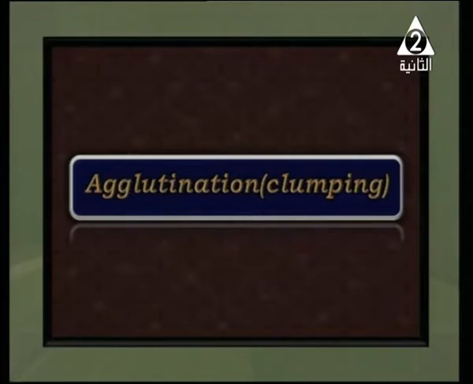Agglutination, or clumping. We need to remember from the last episode that antibodies are very specific, and we studied types like neutralization. Right now we're going to study the clumping of antibodies.